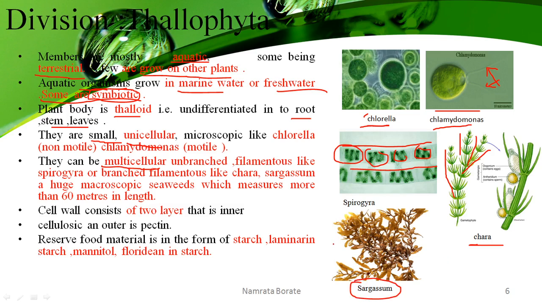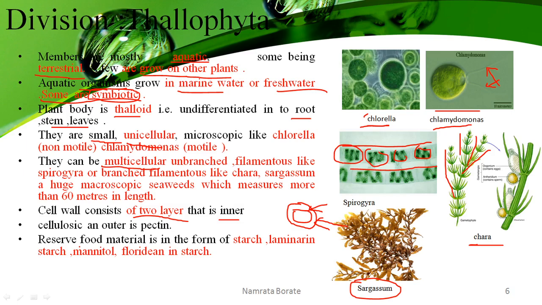In the organisms included in the thallophytes, there is a presence of a cell wall, but this cell wall consists of two layers. The inner layer is cellulosic, and the outer layer is a pectin layer.